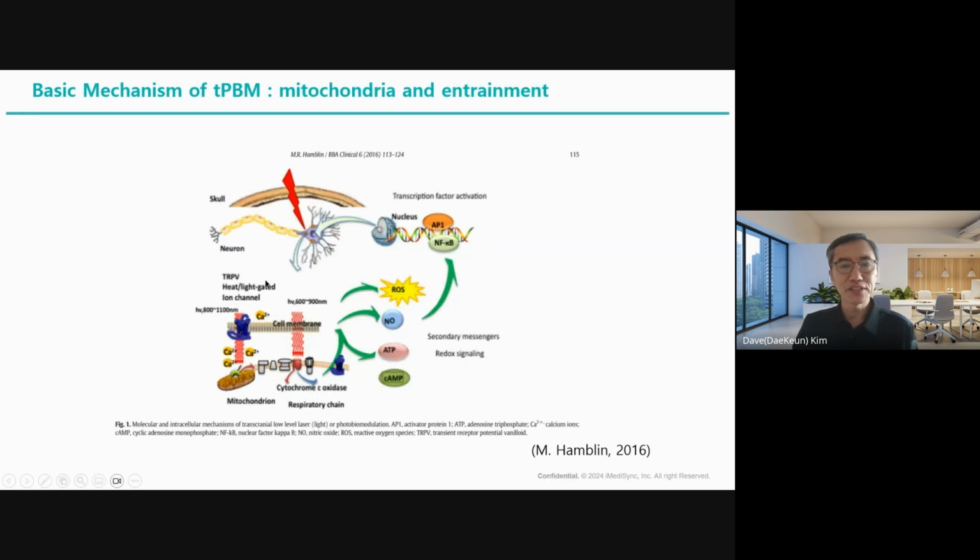And another important thing in our photobiomodulation, this is the same figure, but I want to emphasize the light-gated ion channel is active in these wavelengths, and mitochondrial activation is very important, very useful in these wavelengths. So we can use these two. We want to take advantage of both mechanisms. That's why we use the 815 nanometer in our photobiomodulation.